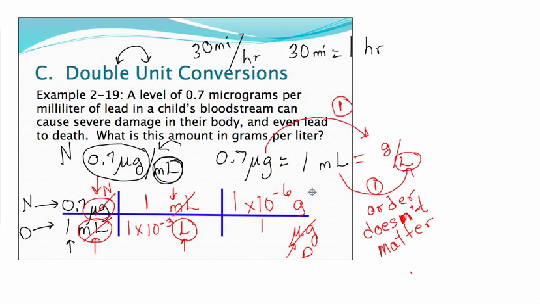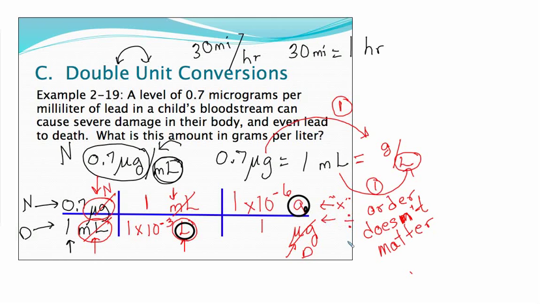Now, my micrograms have canceled, so now what I have, if I look at all my units, I have grams and I have my liters. So there are my units right there. I've converted to what it asked for. All I have to do now is multiply by everything in the top and then divide if it's in the bottom.